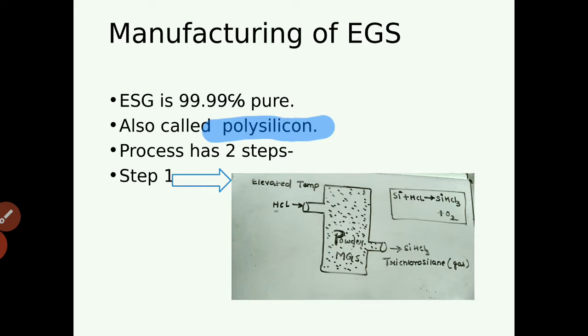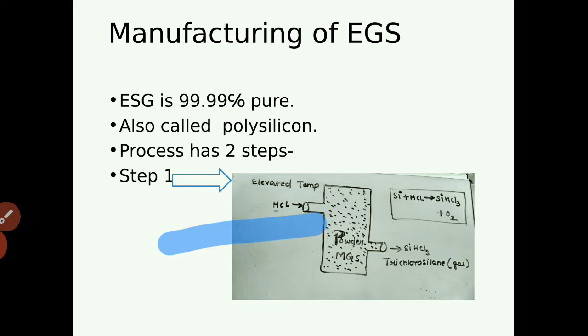In the first step, we take a container and put in the MGS, metallurgical grade silicon, which we produced earlier, and from one side we put in HCl, and we maintain the furnace at an elevated temperature. The reaction takes place where silicon reacts with HCl and produces trichlorosilane, which is in gaseous form.